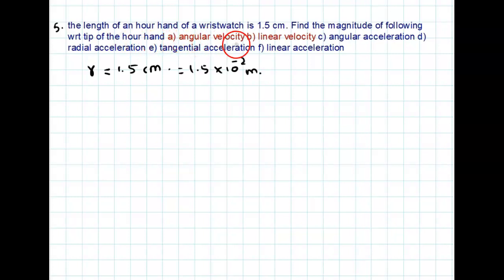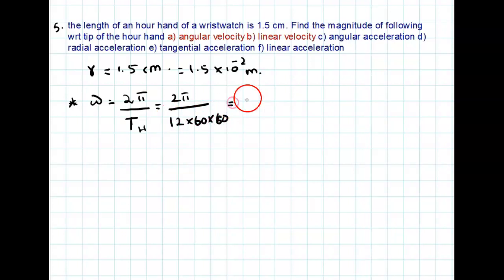First, the angular velocity. The formula is 2 pi by time taken for one complete revolution. For the hour hand, 2 pi divided by 12 hours, 60 times 60. The answer is 1.454 times 10 to the power minus 4 radian per second.